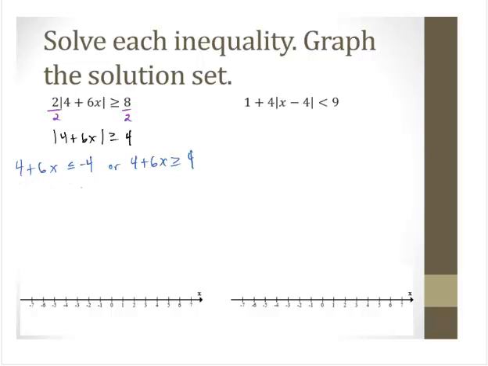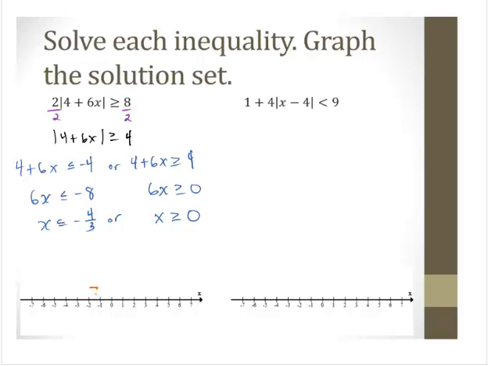On the first inequality, subtracting 4, we have 6x is less than or equal to negative 8, and dividing through by 6, x is less than or equal to negative 4/3. Or, for the second inequality, subtracting 4, 6x is greater than or equal to 0. Dividing through by 6, x is greater than or equal to 0. Let's graph that. x is less than or equal to negative 4/3. 4/3 is 1 1/3.